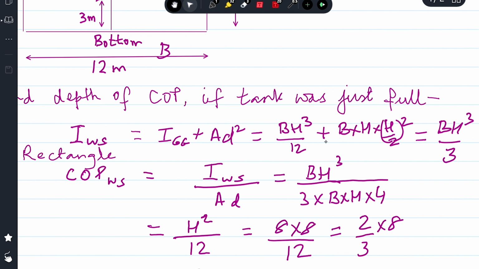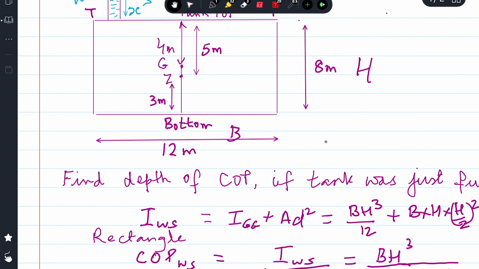In this case, the second axis is at the water level, which is at tank top, and the centroid of the rectangle will be at halfway, so it will be h by 2.